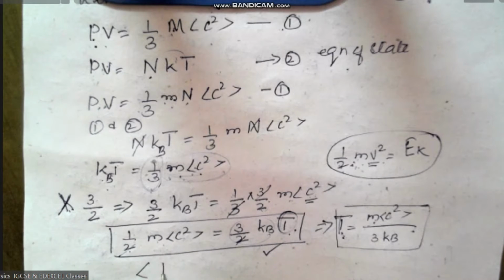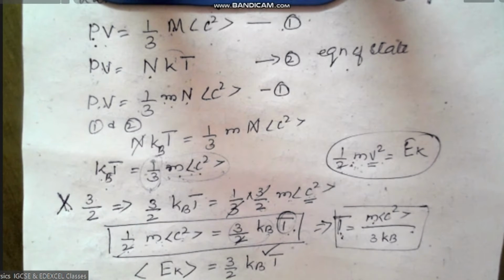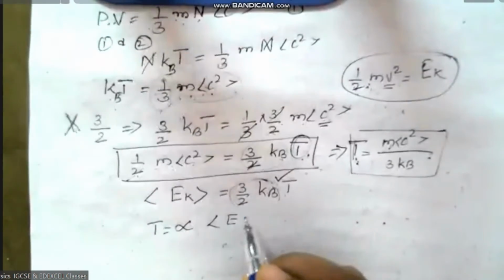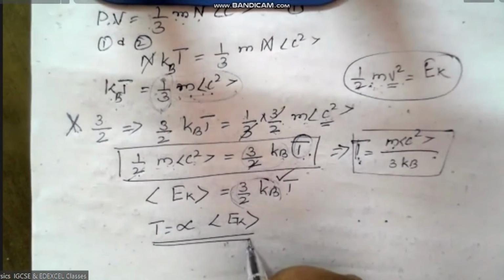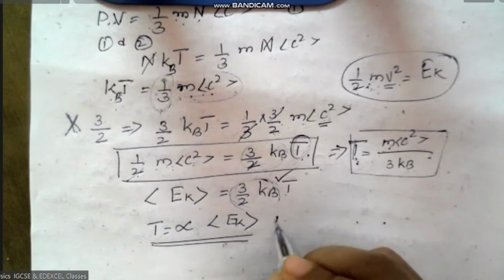You can write half mc² as the average kinetic energy. Average kinetic energy is equal to 3/2 kB T. Therefore, temperature, with this a constant and this a constant, is directly proportional to average kinetic energy.